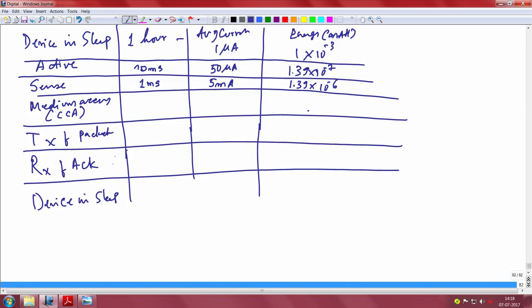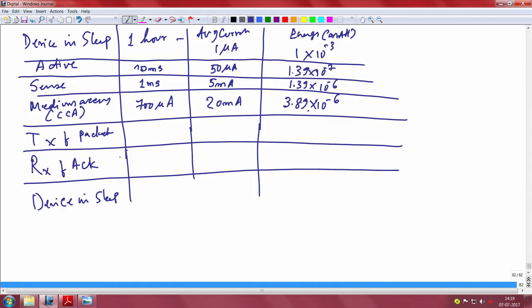Medium access, this is for a very short duration, I am just putting some numbers, 18 to 20, so I will put 20. It is going to try, right. So, it is going to try. To try means it will switch on the radio, and the moment the radio is on, it starts consuming a significant amount of current.